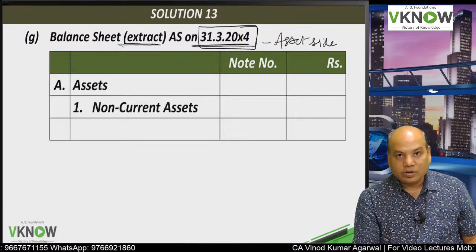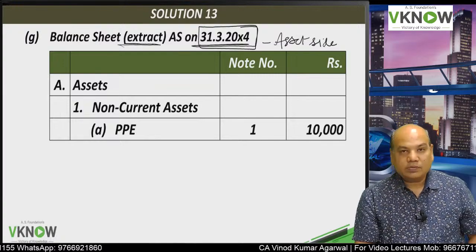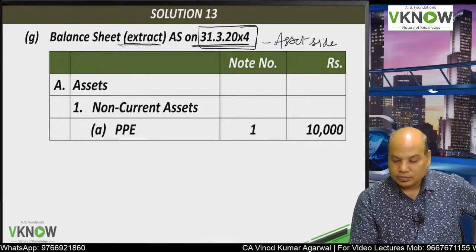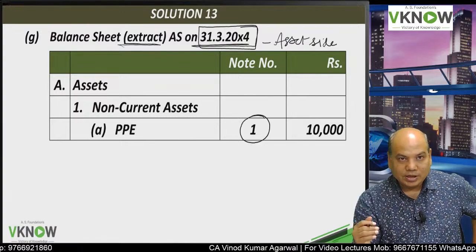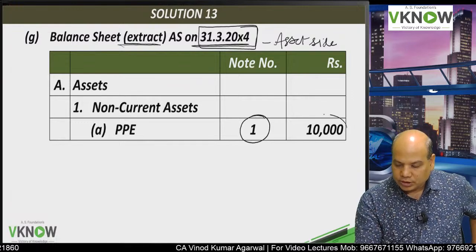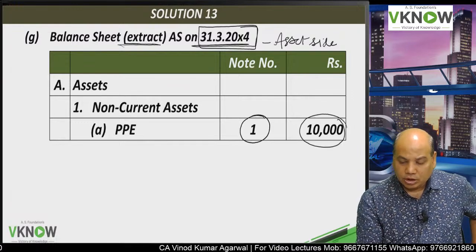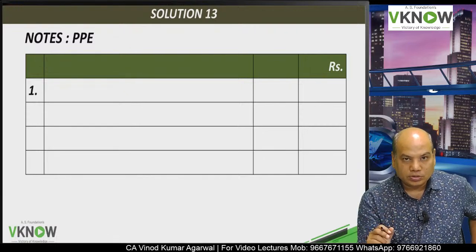So asset side we have non-current asset PPE. Note number 1, 10,000. Preferably we should give the detailed presentation in the notes. So 10,000. How this 10,000 has come? You will write below in the notes to account.